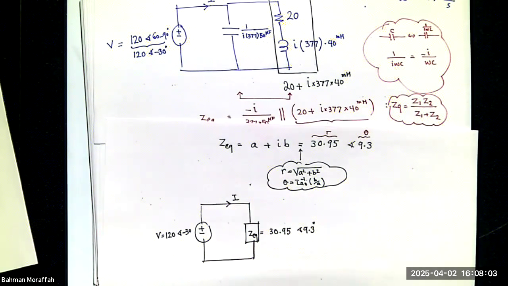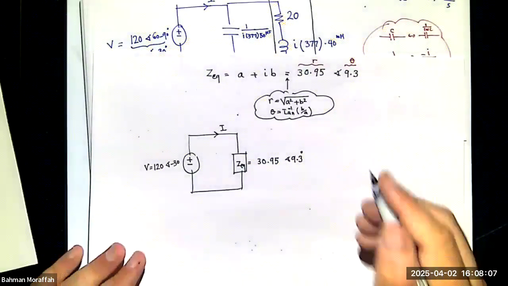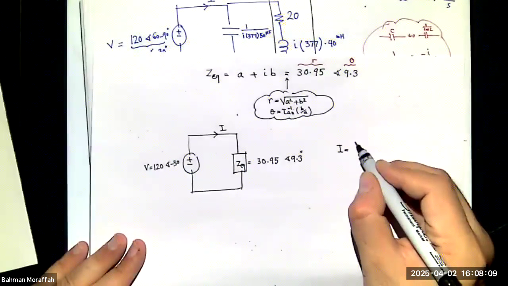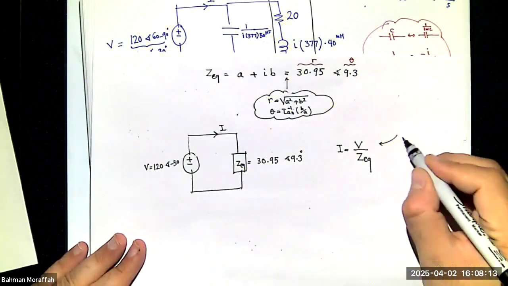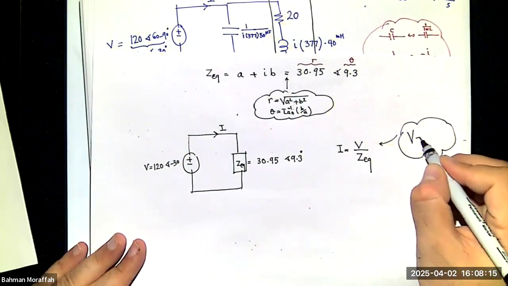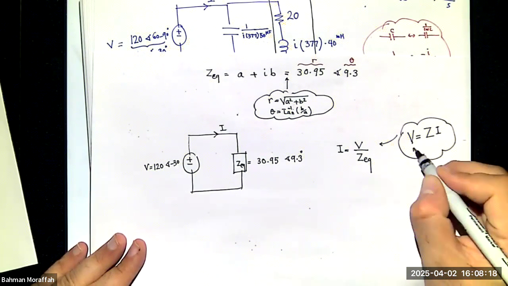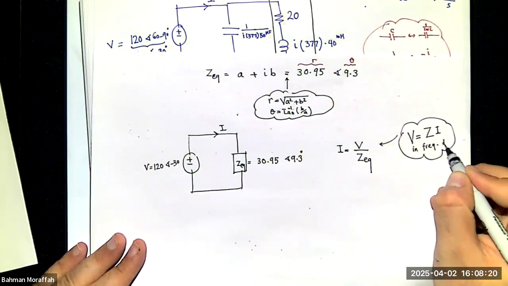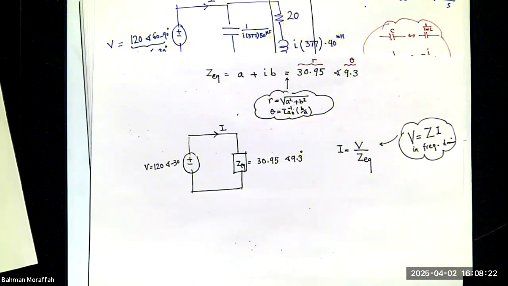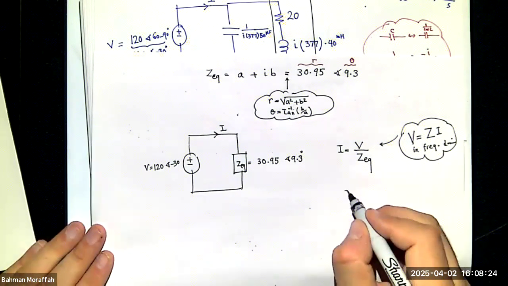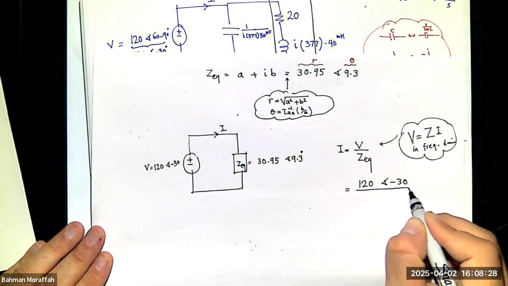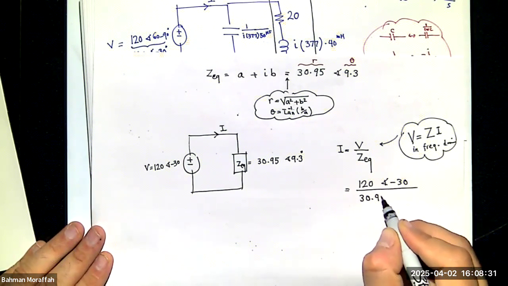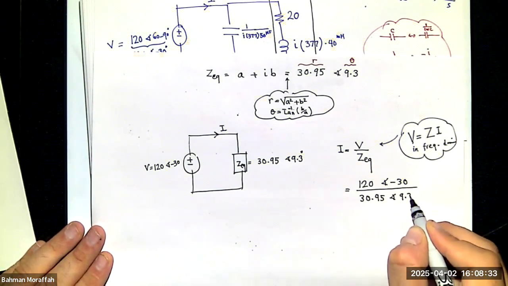What is I? I is V divided by Z equivalent. Remember, I have V equals ZI in the frequency domain. So I have 120 with angle minus 30 divided by 30.95 with angle 9.3.